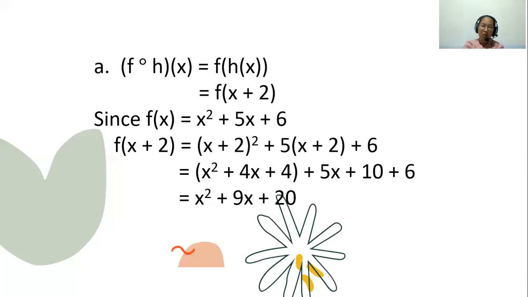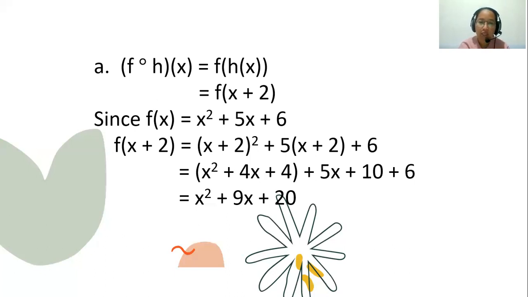Raising x plus 2 to the second power, we have x squared plus 4x plus 4. Again, recalling the way of doing that, you need to square x. So x times x is x squared. Then the exponent 2 outside must be multiplied to x and 2. So 2 times x is 2x times 2. That's why we have 4x. Then squaring the second term of the binomial, 2 times 2 is 4.